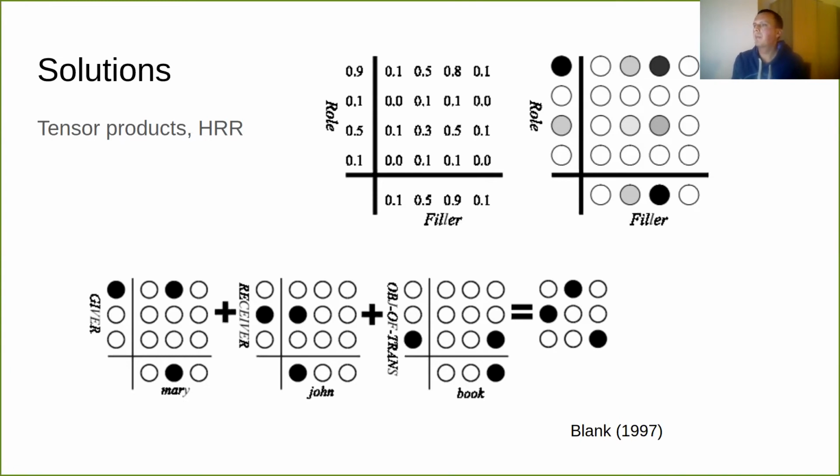But people have argued that that's not such a big problem, actually, because we humans are also limited in this aspect. So it has been speculated that the maximal dimensionality of these tensor products corresponds to the working memory capacity.